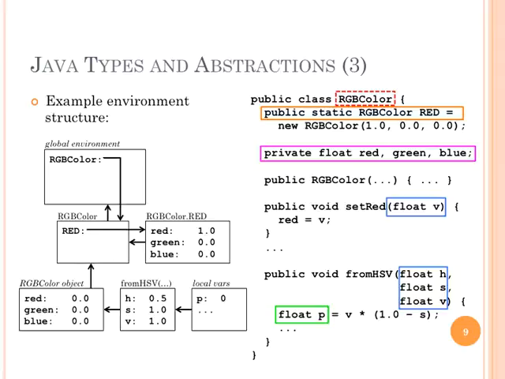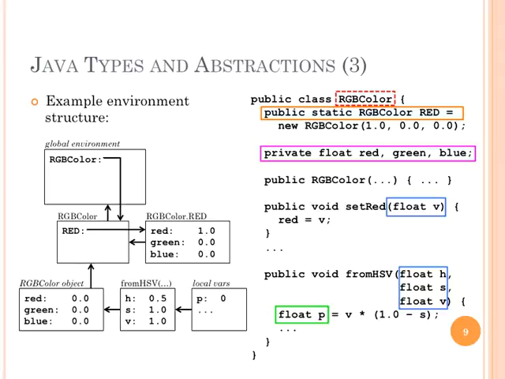And then if we were to instantiate some other RGB color object, notice that we can call this function from HSV, which is a different color space: hue, saturation, and value. Then we specify hue of 0.5, saturation of 1, value of 1. And in there, we have local variables. So you can imagine frames stitched together to represent this sequence of operations being performed on a color.